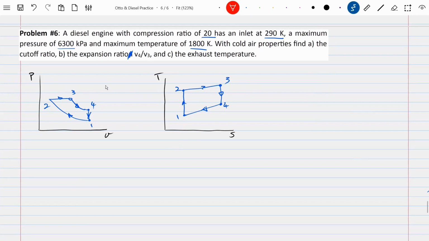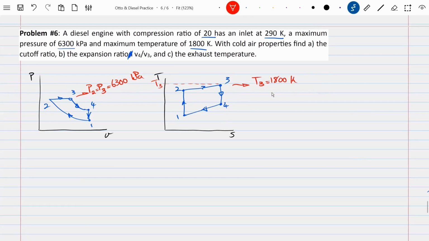The maximum pressure is 6,300. Looking at the PV diagram, you can conclude that P2 equals P3 is the maximum pressure for this cycle. For the maximum temperature, looking at the TS diagram, you can clearly see that T3 is your maximum temperature. And the problem says it is 1800 Kelvin.